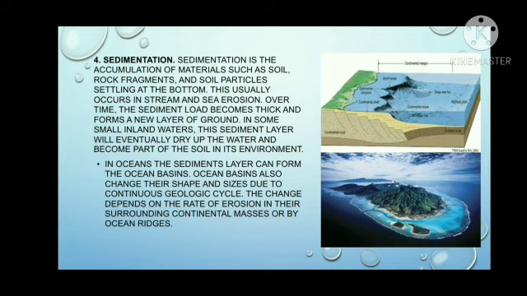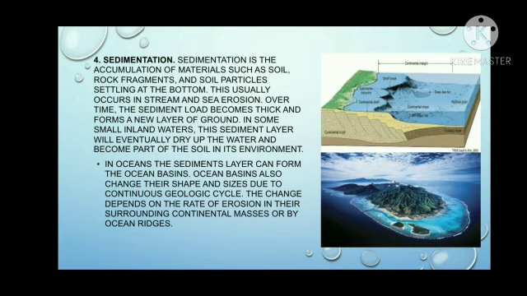Next type of exogenous processes, we have the sedimentation. Sedimentation is the accumulation of materials such as soil, rock fragments, and soil particles settling at the bottom.